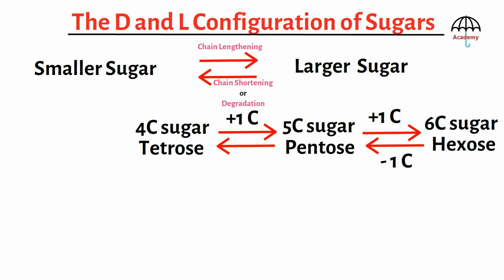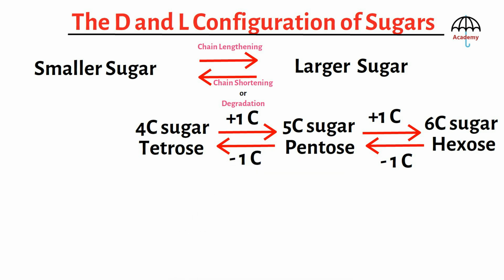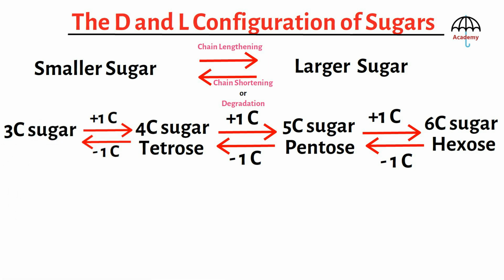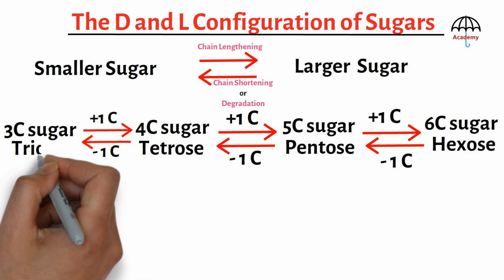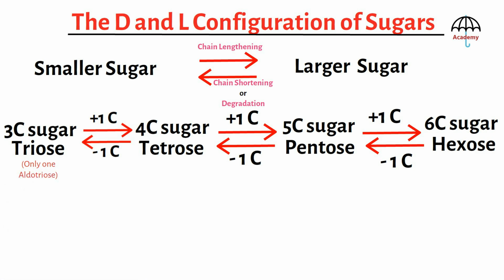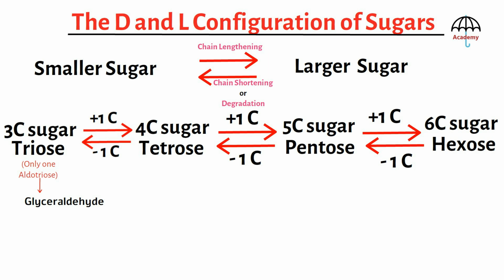And pentose can be degraded into tetrose by removing 1 carbon. On similar grounds, a 3-carbon sugar called triose can be lengthened into tetrose, which can in turn be degraded into triose. And remember that there is only one aldotriose, called glyceraldehyde.